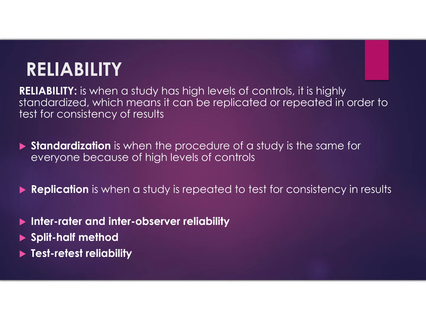So, if that is the case, and I do not get the same results every time, then my study does not have consistency or my study does not have reliability. So reliability basically means, can you trust the study's results to always be the same way?